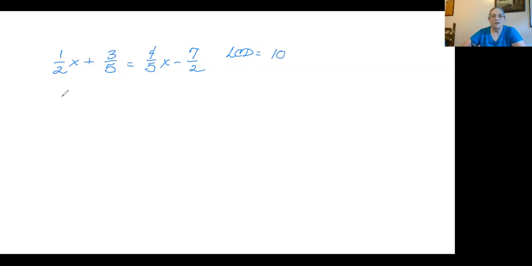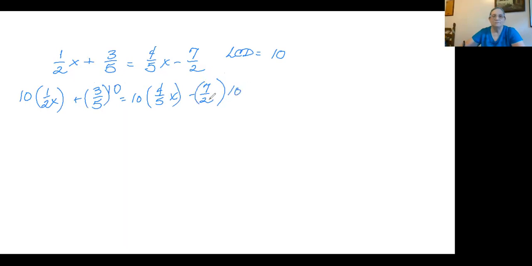If I multiply, I'm going to recopy this and I'm going to spread it out a little bit. If I multiply both sides of this by 10, then because I've got two terms here, I have to distribute the 10. And I've got two terms here, so I have to distribute this 10.